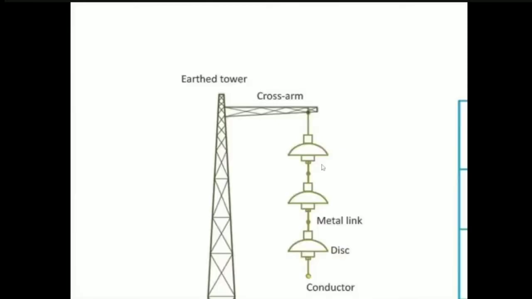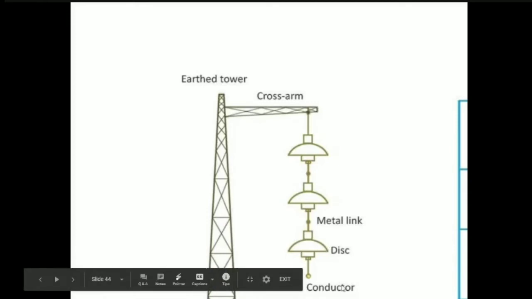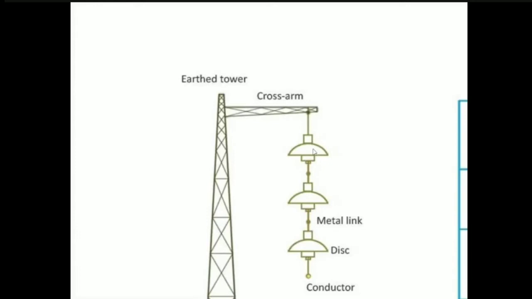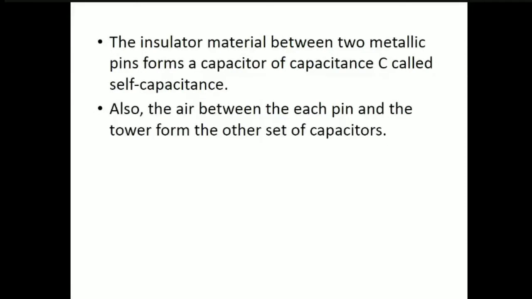Now, the disc nearest to the conductor will be stressed most. The next will be lesser stressed, and the disc near the cross arm will be least electrically stressed. The insulator material between two metallic pins forms a capacitor of capacitance C called self-capacitance. Also, the air between each pin and the tower forms the other set of capacitors.